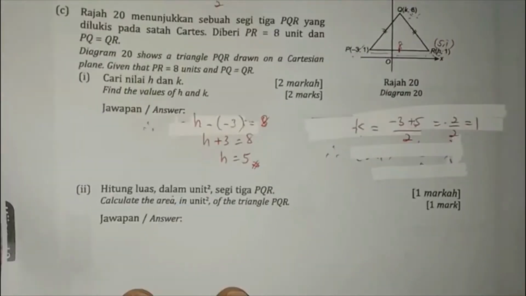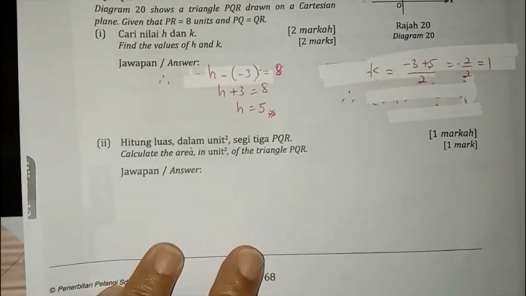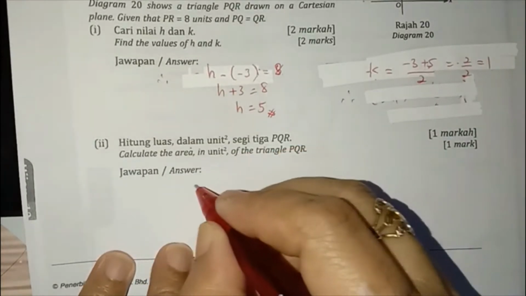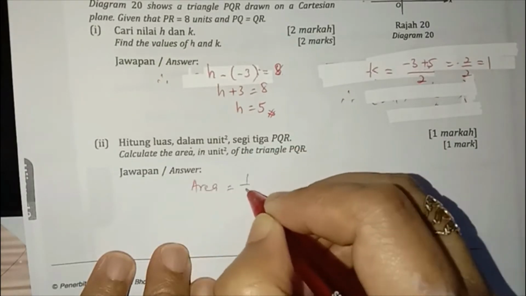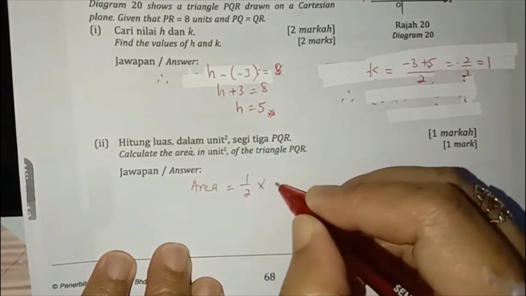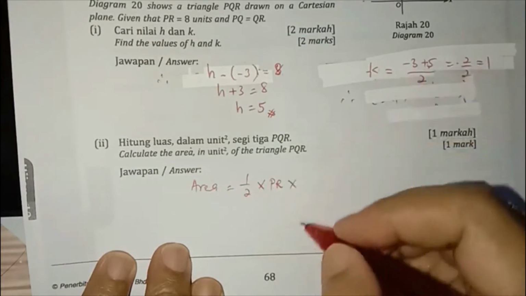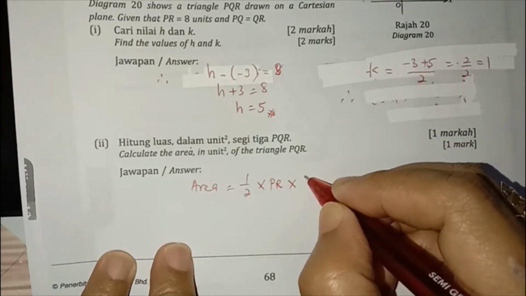Okay, part 2. Calculate the area in unit square of triangle PQR. So you have the formula, area half times PR times height. That is K equal 6.